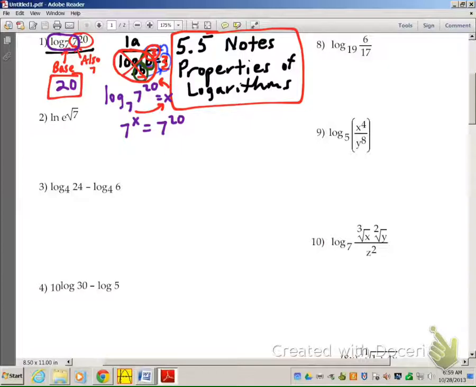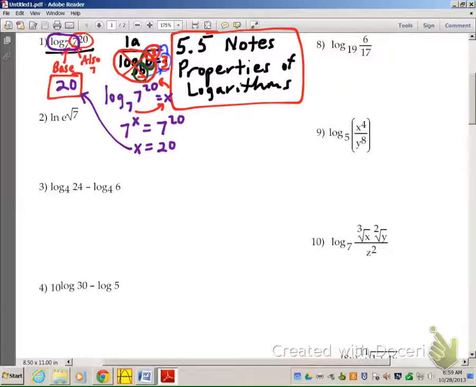Therefore, x has to be equal to 20 because you equate the exponents. And x being the value of the log, the value of the log is 20. So it's just a lot quicker if you can just remember the property. If the base of the log and the base in the argument are the same, then the exponent in the argument is what the value of the log is.